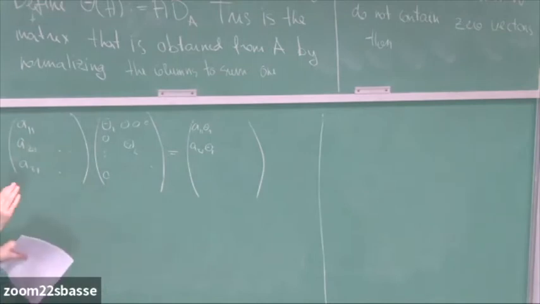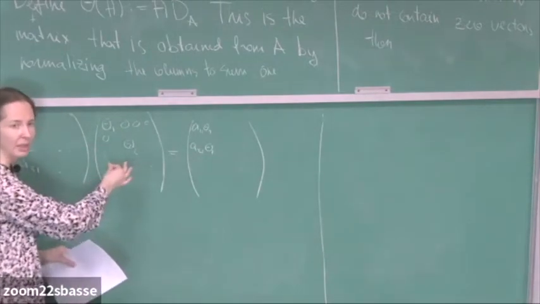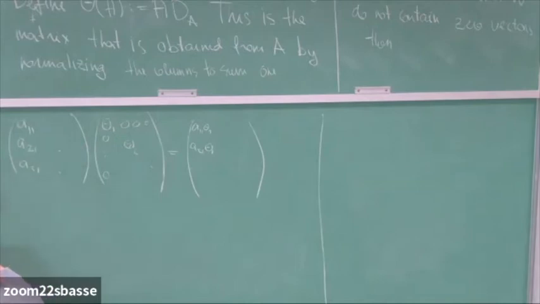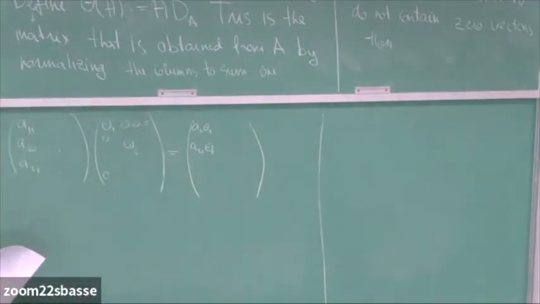So if we want to scale the columns, we multiply from the right. If we want to scale the rows, we multiply from the left. But I agree, I'm confused all the time. For the lecture, I try to make sure that I get it correct for once.